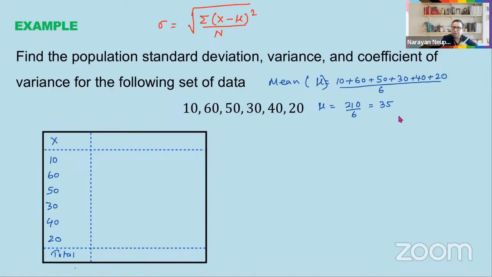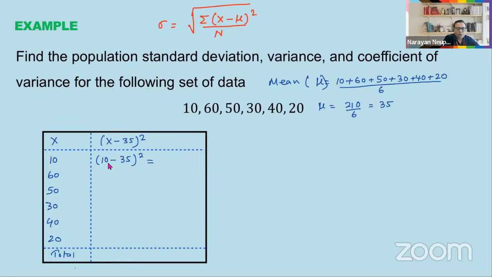Okay, now look at the formula. The formula has x minus mean squared, and we have the sum of that. So here, in the next column, I need to find x minus mean squared, where the mean is 35, for each of them. In the first line, x is 10. 10 minus 35 squared.